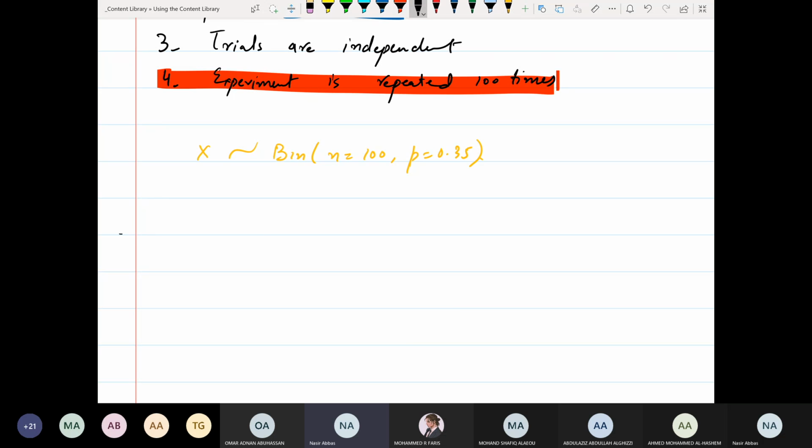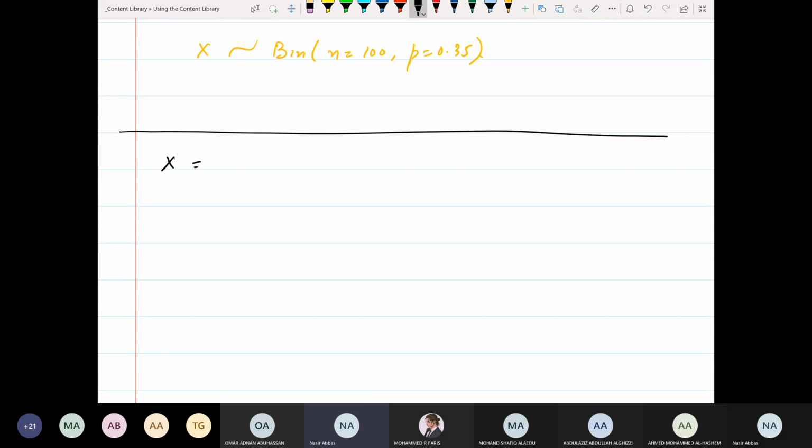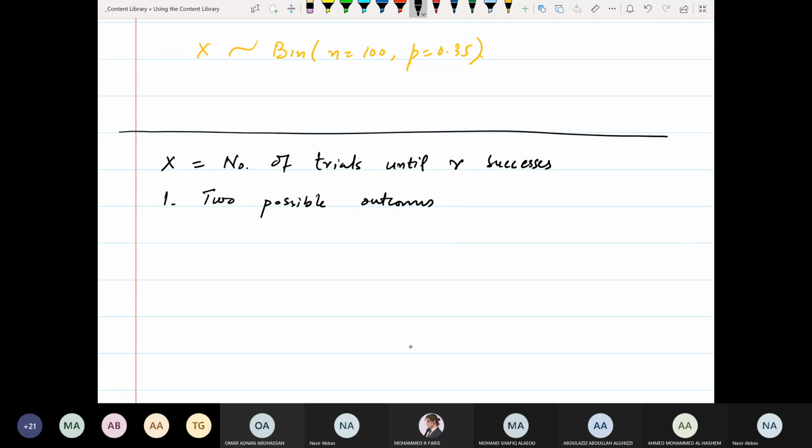So now I'm going to write the definition here: X is the number of trials, not the number of successes, until R successes. All the remaining properties are the same. Two possible outcomes. P is constant.